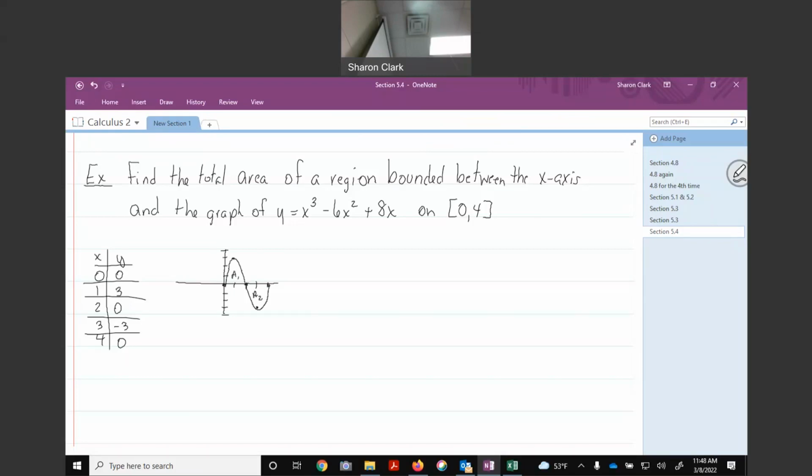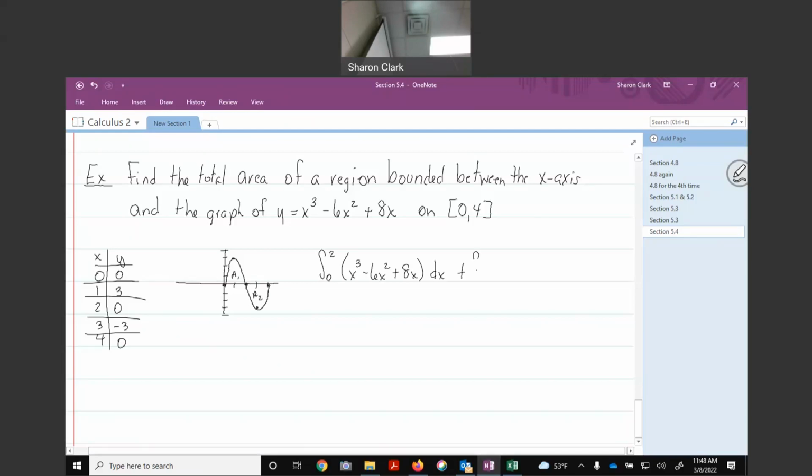Okay. So the first thing we have to do is decide what our subintervals are. We know we're going to start at 0 because that's my lower limit. Where is the next x-intercept? 2. So from 0 to 2, we're going to integrate x cubed minus 6x squared plus 8x dx.